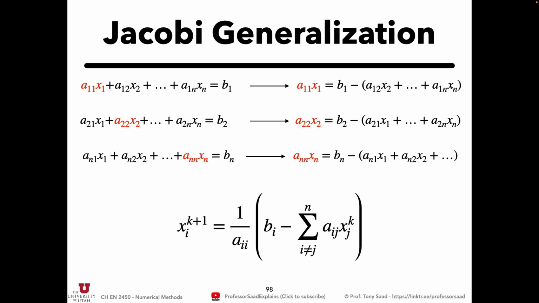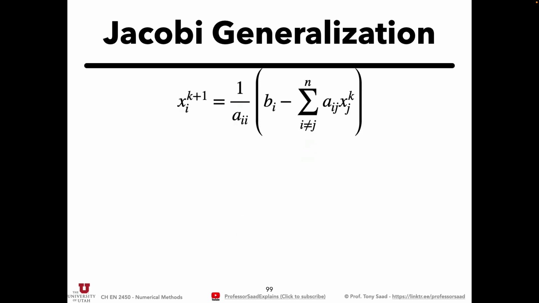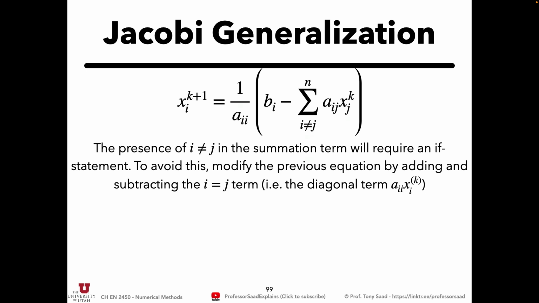Now, when you program this, we will be doing a for loop. And I told you in for loops, I really hate if statements. Because for a for loop for this summation, to prevent adding i equal j, you're going to have to put, if i is not equal to j, then do this. Otherwise, don't do anything. And I hate if statements. So there's a little trick that you can do to get rid of this i equal j. I simply add and subtract that missing term.